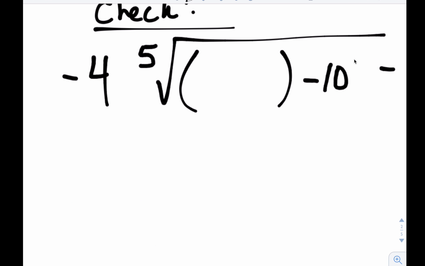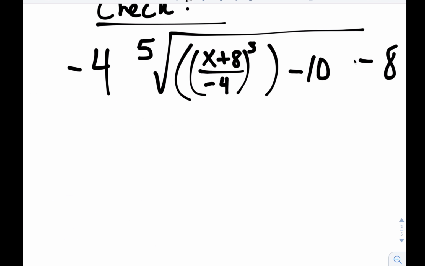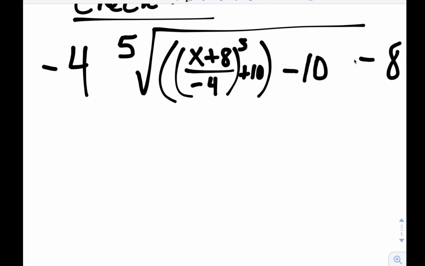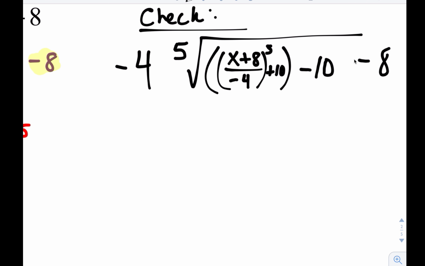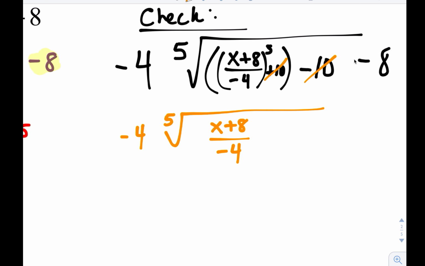So I got x plus 8 divided by negative 4 to the 5th plus 10. Okay, so the first thing that I can get rid of is the plus 10 and the minus 10 right inside the radical there. So now you got negative 4 fifth root of x plus 8 divided by negative 4 to the 5th minus 8.